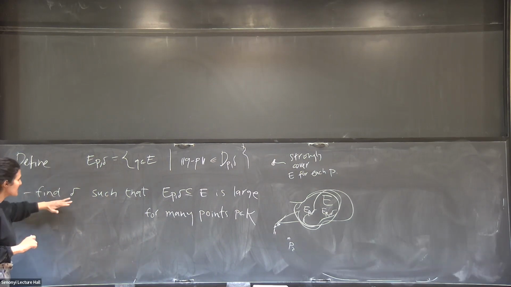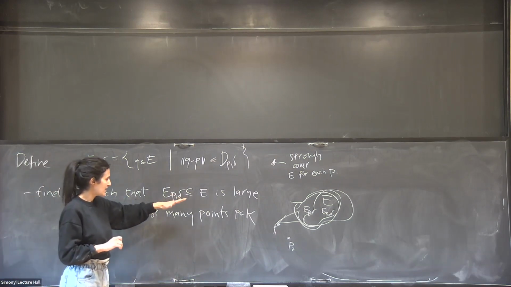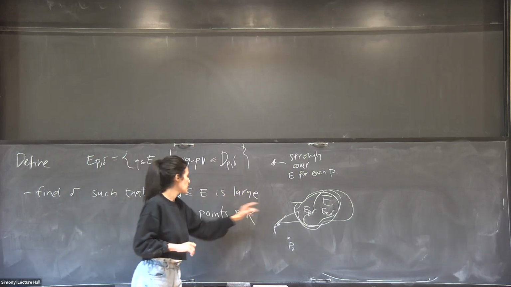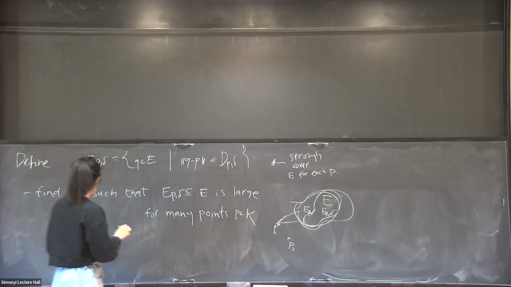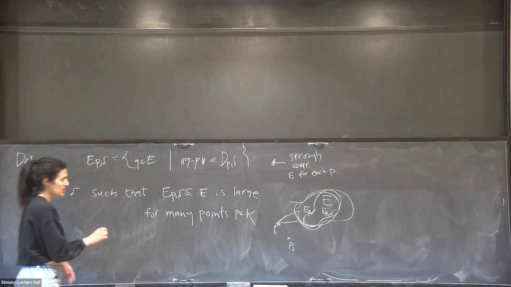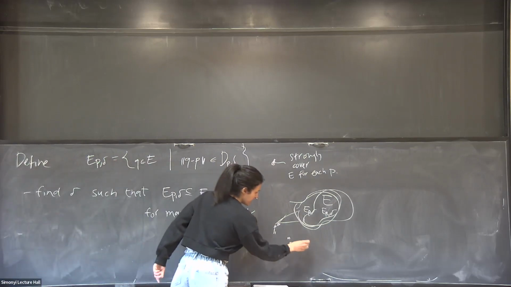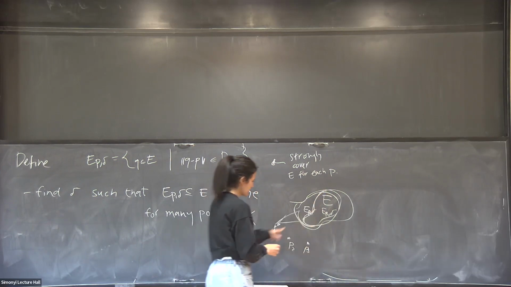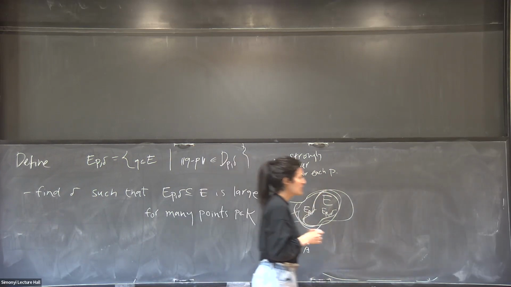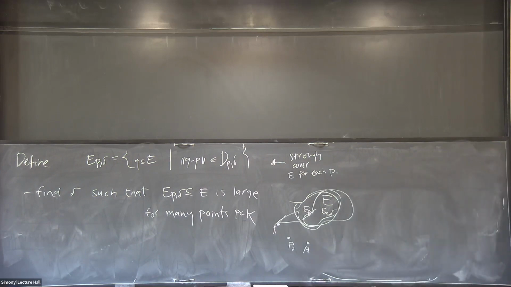Right? We find delta such that EP delta is large for many points P, and since it's so large, we can actually find many triples such that we want, what do we want? So what is the issue here? We want to apply this theorem.